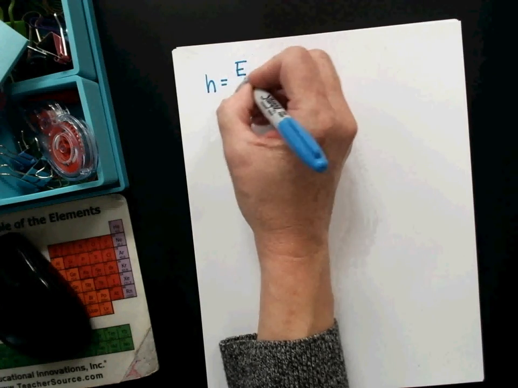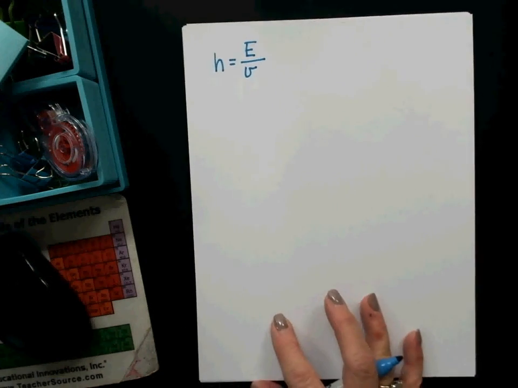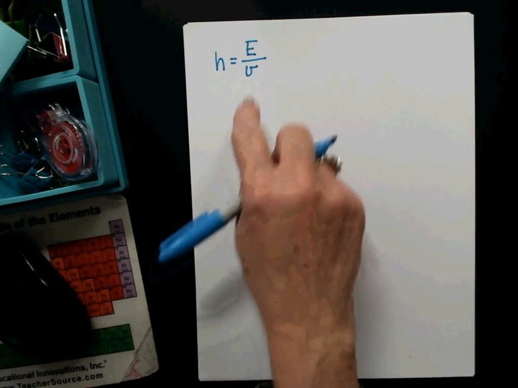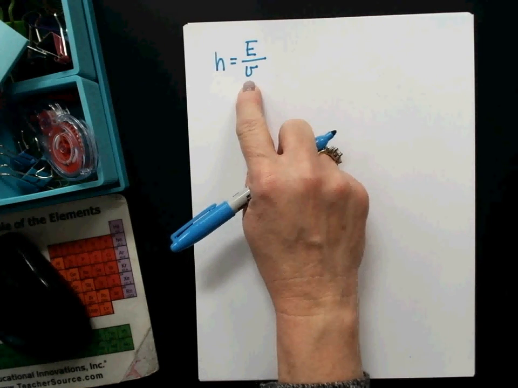This is what it looks like in a formula. Planck's constant is equal to E over frequency. That I don't like. Is that a nice linear equation? No. But h times nu equals E.